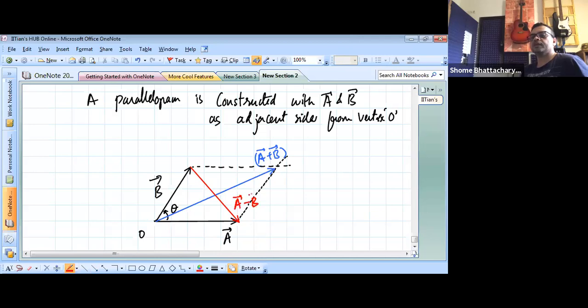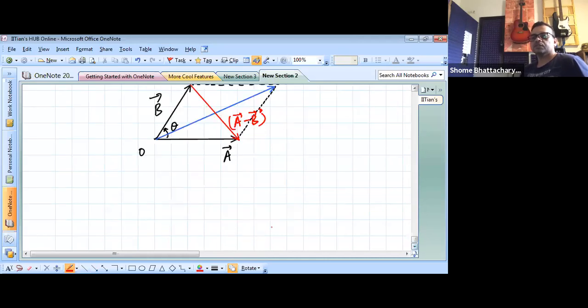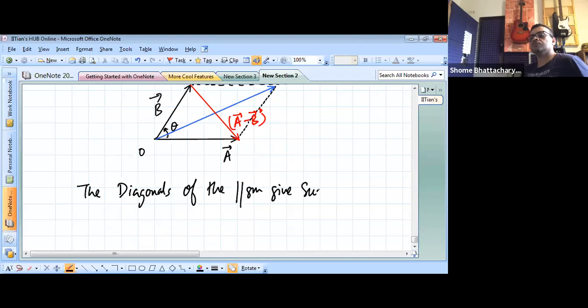It's very easy to show why this is the case, because we can individually construct two triangles, one for the vector sum and one for the vector difference, and we'll see it gives the same result. So on constructing the vector parallelogram, the diagonals of the parallelogram give the sum and difference.